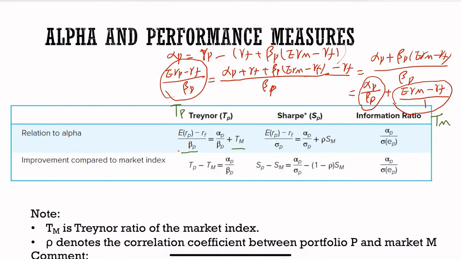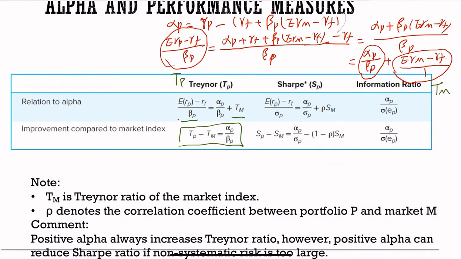To be more specific, the training ratio of portfolio P minus the training ratio of market equals alpha P divided by beta P. So this basically tells you that if you have a larger alpha, then the improvement from your portfolio compared with the market index is larger, right?